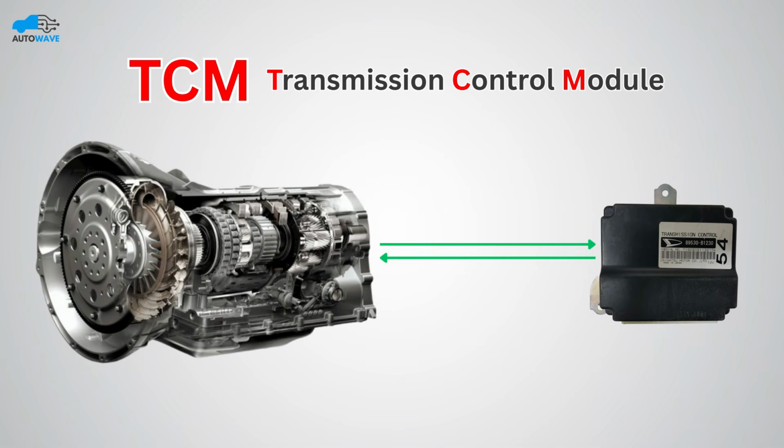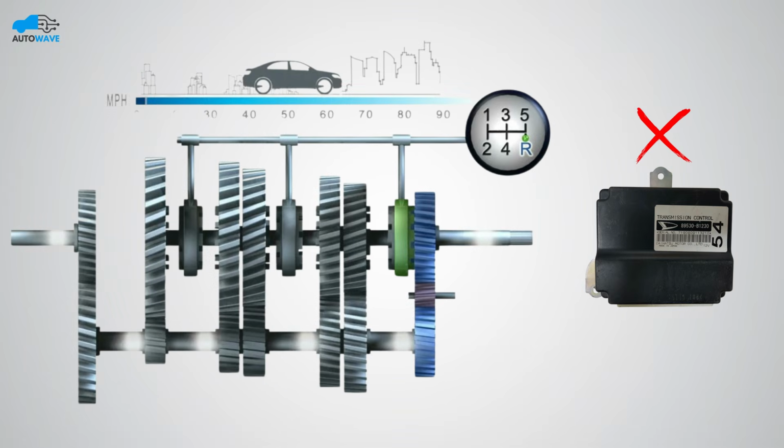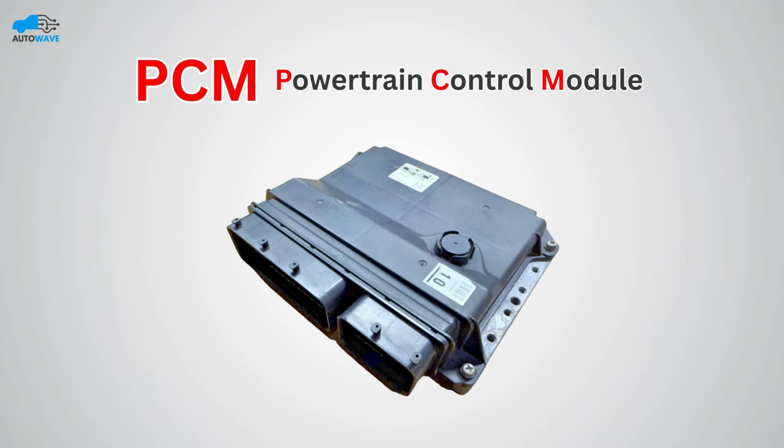TCM gives input supply to all sensors on the transmission and receives output signals in return, so that transmission operations like shift timing and gear selection can be controlled. Note: manual cars do not have TCM because in manual cars, operations like shift timing and gear selection are the driver's responsibility.